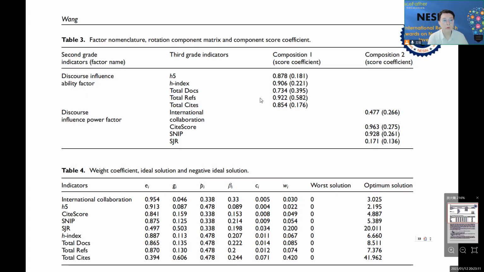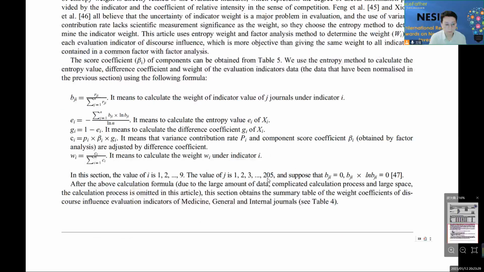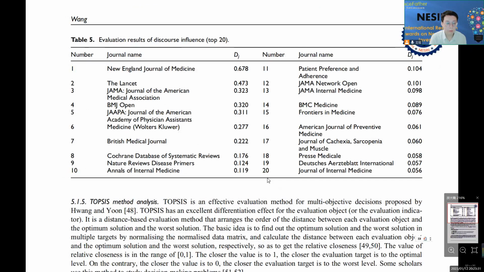Table 3 is the factor loadings, rotated component matrix, and component score coefficient. Table 4 is the weight coefficient, ideal solution, and negative ideal solution. Table 5 is the evaluation results of discourse influence.